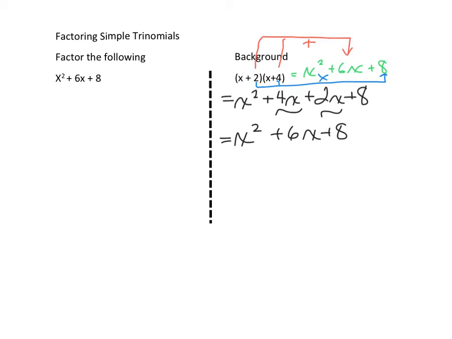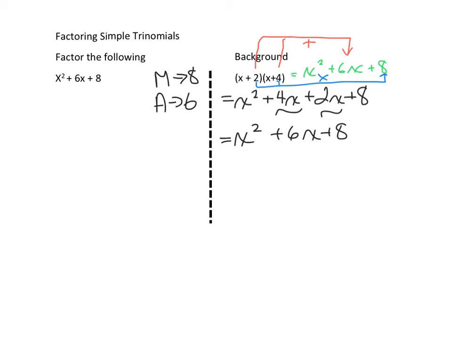So let's do that on the left. The original question said that we had to factor. So we need this, and we need to factor it so that it looks like this. We know what the end result is, but we need the steps involved so we can do it for any simple trinomial. We're looking for two numbers that multiply to 8 and add to 6.